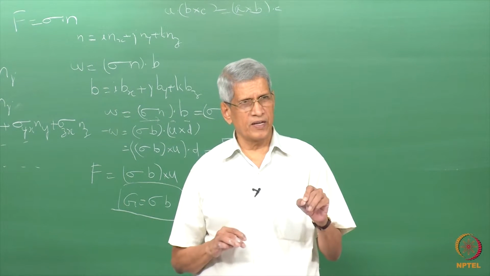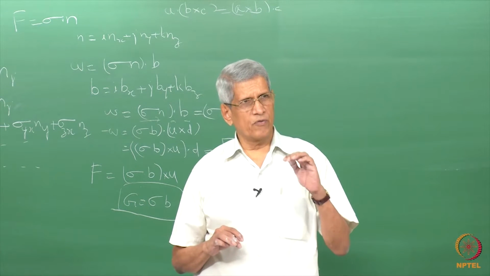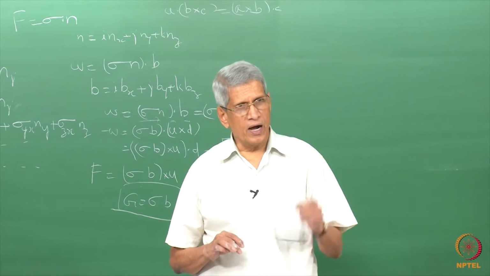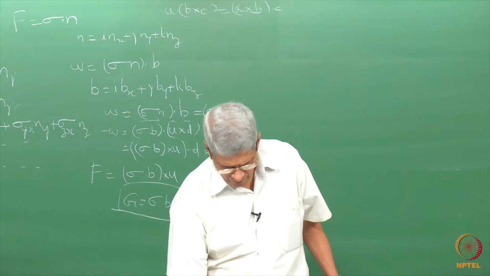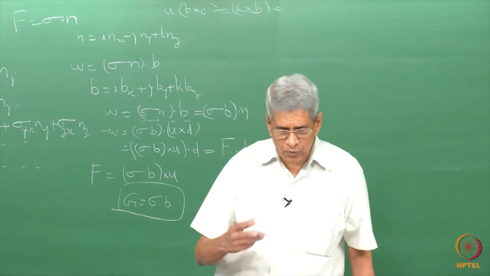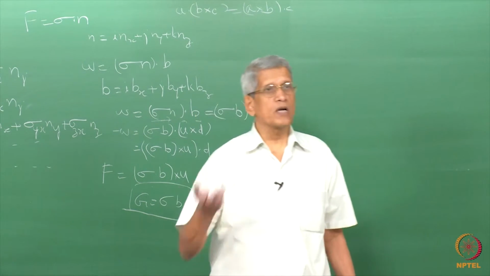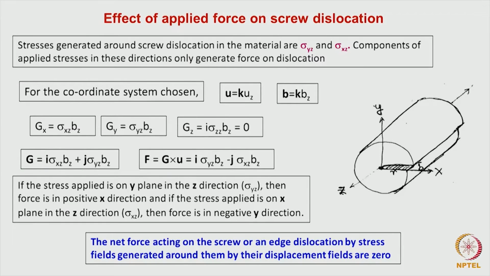First we consider the case of an externally applied force on a single dislocation. This is almost coming back to where we initially started, the problem of looking at the direction in which the force will be acting on a dislocation.